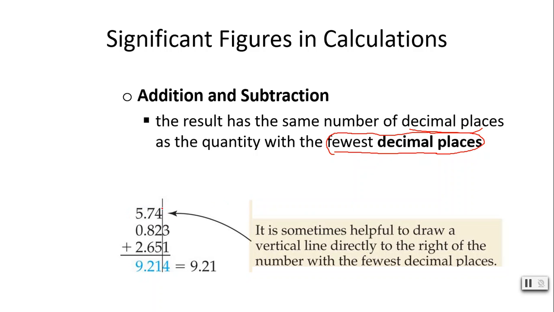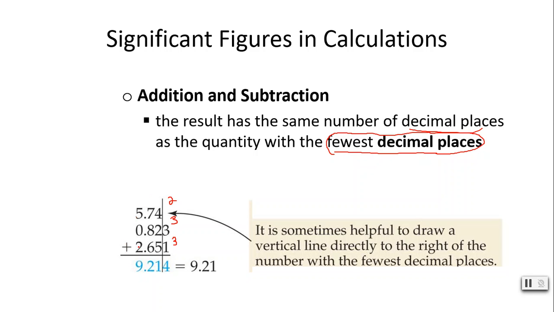So 5.74 only has two significant figures after the decimal. 0.823 has a total of three significant figures, and all three of those sig figs are after the decimal. Then for 2.651, I have a total of four sig figs, three of which are after the decimal.